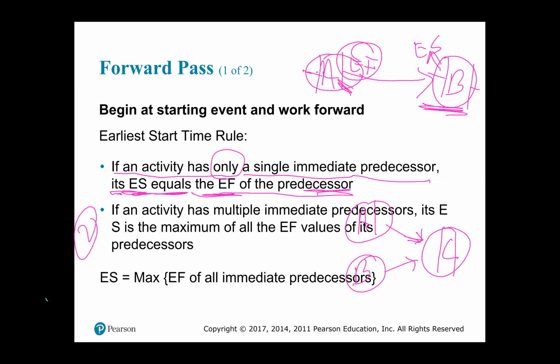Lots of words, but it's a simple construct, right? So here is activity C. Activity A has an early finish, activity B has an early finish. So suppose the early finish for activity A was 3 and the early finish for activity B was 6.